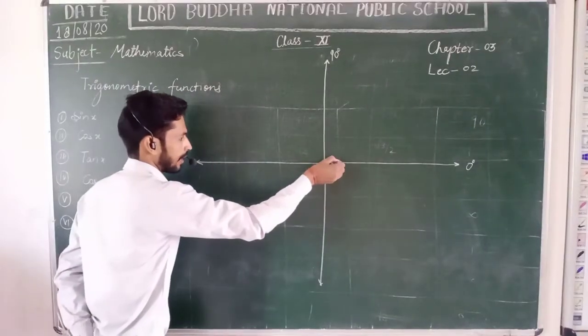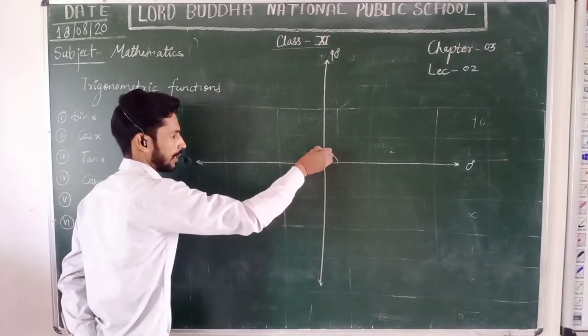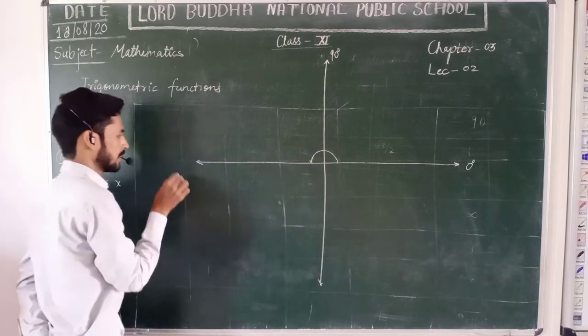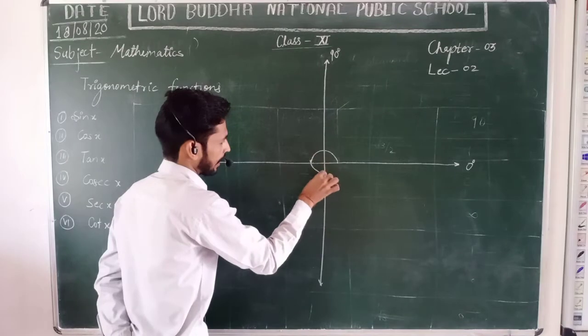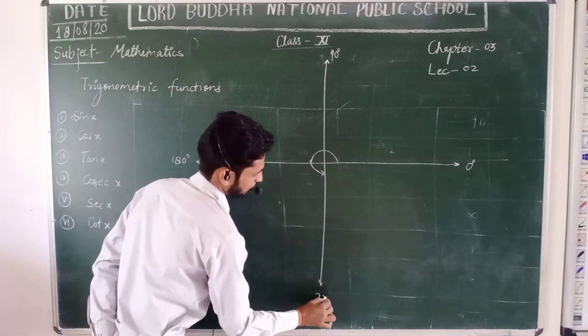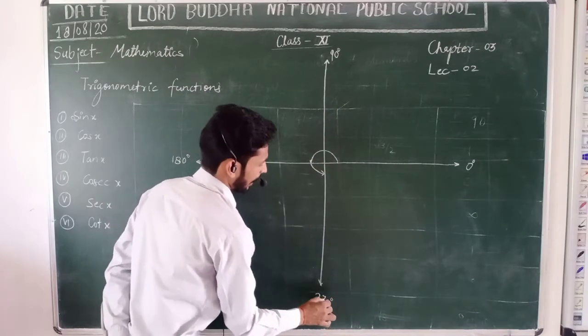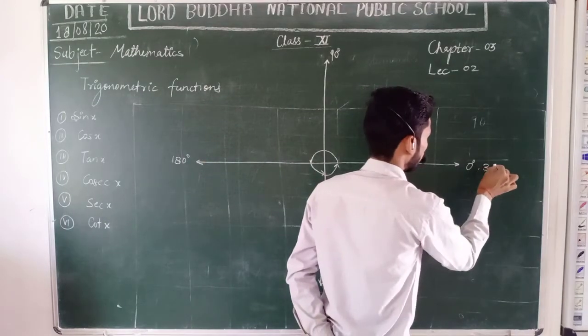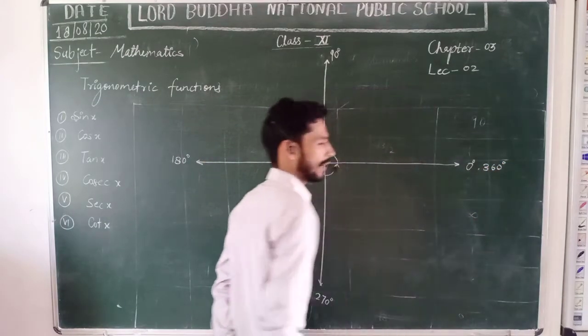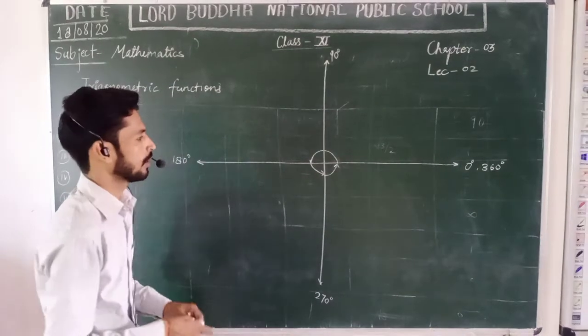And when we start from here and go like this, the total angle is 180 degree, and when it moves again it will be 270 degree, and lastly when we complete one complete revolution then the angle will be 360 degree.